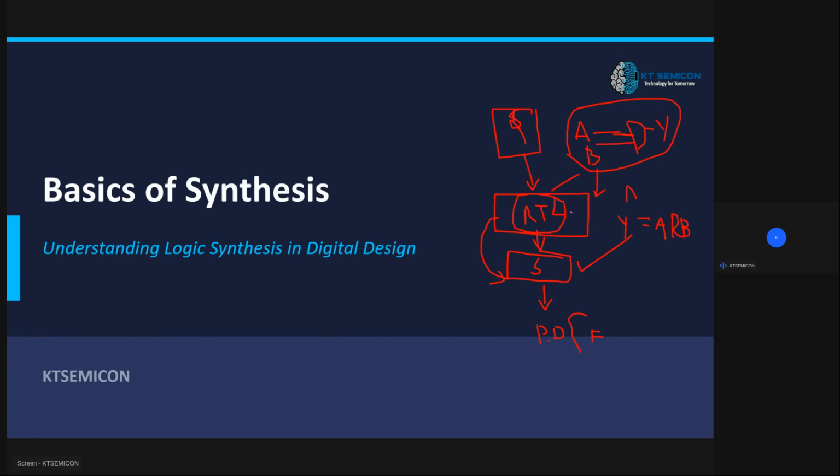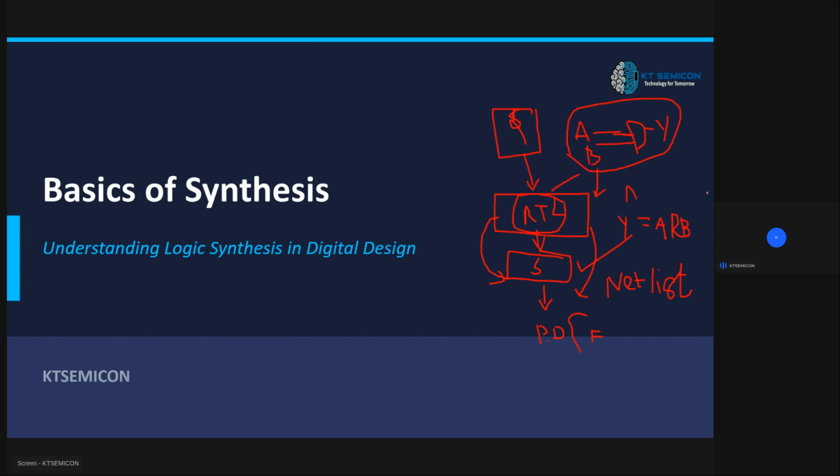We'll write the code in Verilog or HDL format in the RTL code. That RTL code, that logic, is completely translated into a gate level netlist. Okay, netlist file. I'll explain what is meant by netlist file and gate level netlist.